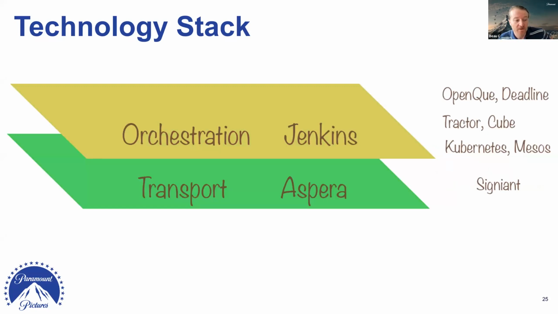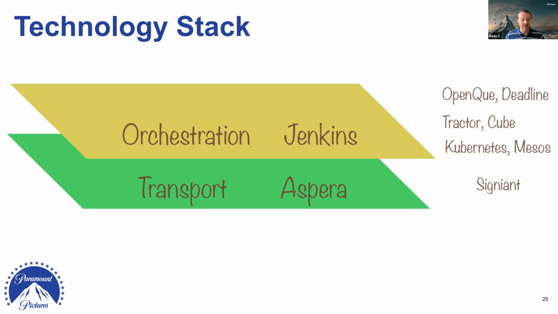On the transport layer of the technology stack, we went with Aspera. This was because of our information security team's recommendations. Other technologies that could be used to transport media files include Signiant Media Shuttle. Process orchestration is one category where there's probably the widest variety of options.